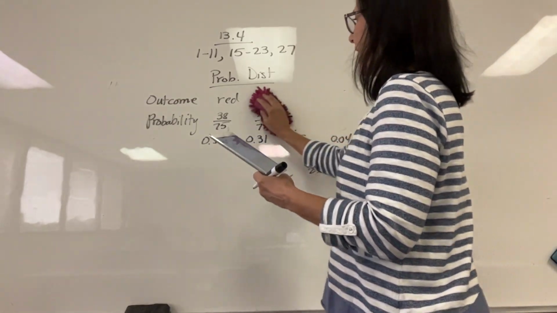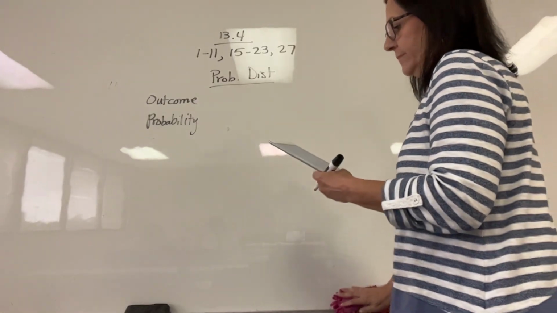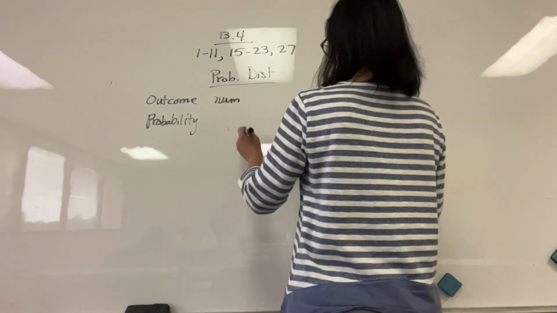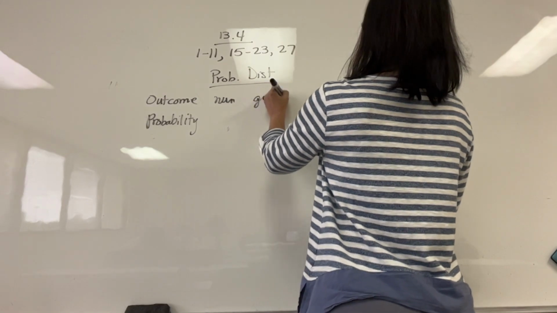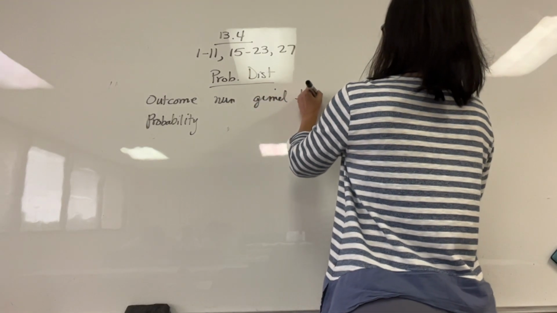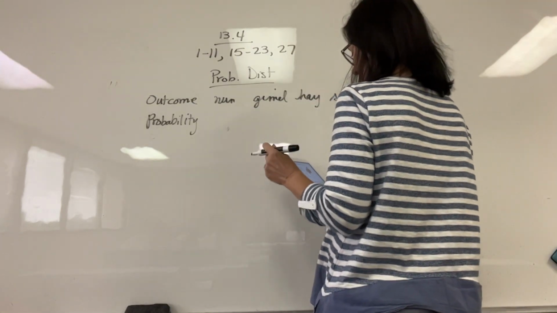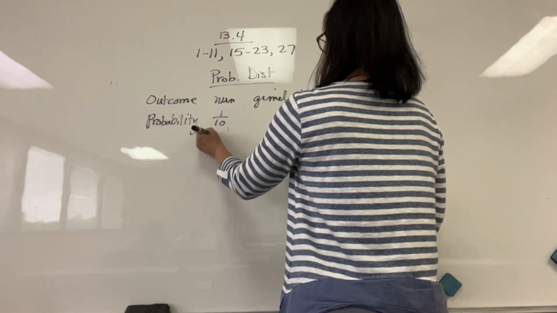So this is number 5. So the outcome would be, that's really just that. What's the total? 100 times. 100. Thank you. So that's 1/10 or 0.1.